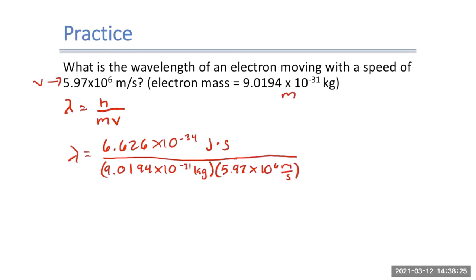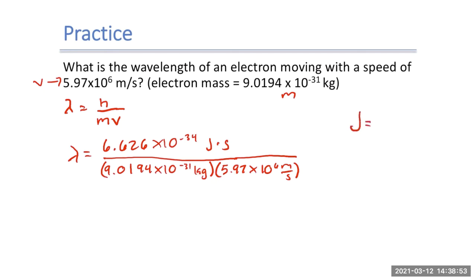So if we look at this, you might be thinking to yourself, eek, none of the units cancel. I know wavelength has to be in meters, and I have a meters here, but it's on the bottom. I need to get a meters on the top, and I need to cancel out a joule, a second, another second, and a kilogram. There's a way to do that.